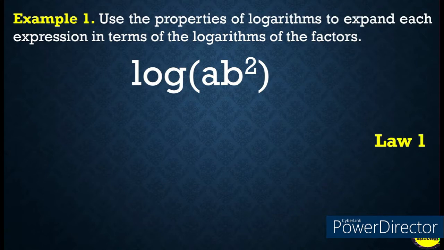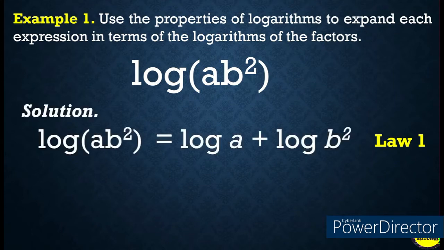So using law number 1, since that is a product, so anong mangyayari? Expand muna natin. So log of a plus log b squared. So dito sa pangalawa, meron pa tayong exponent sa taas. So apply natin si law number 3 o yung law of the power.